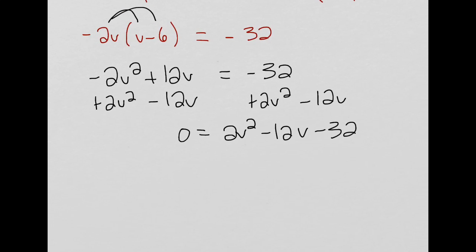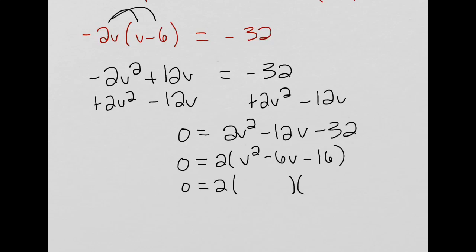And now this is quadratic, so I'm going to try to factor it. One of the things I notice is I can pull a 2 out of all my terms, which leaves me with v squared minus 6v minus 16. And then if we factor this, it turns out that it factors pretty nicely. We get v minus 8 times v plus 2.